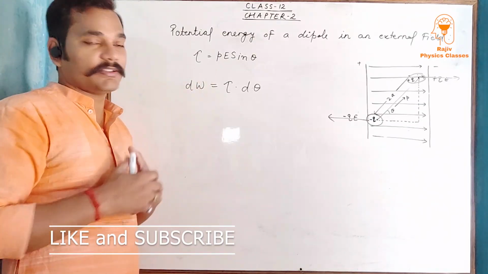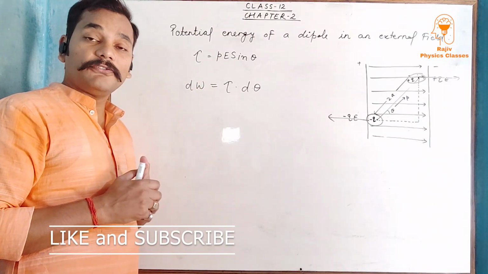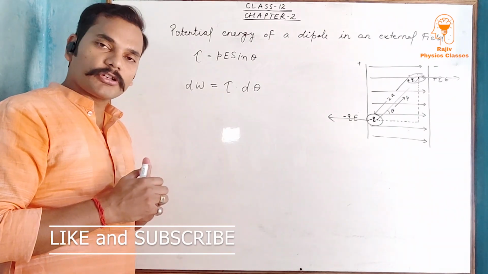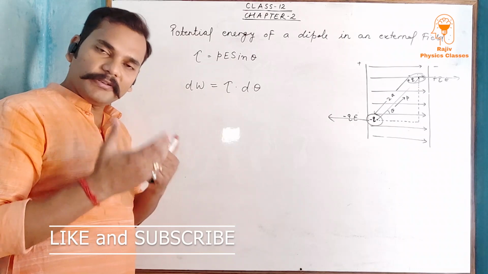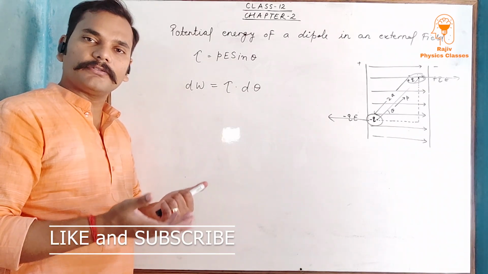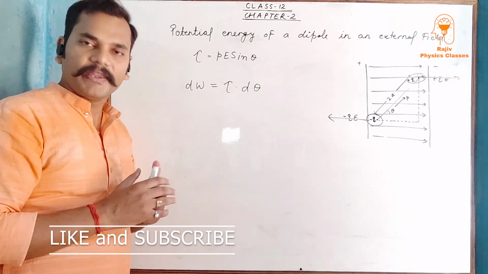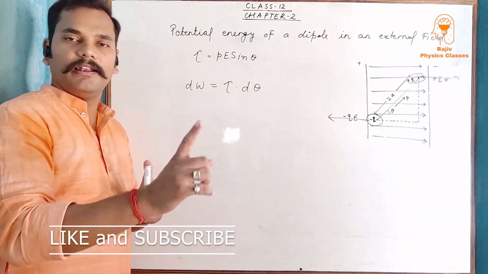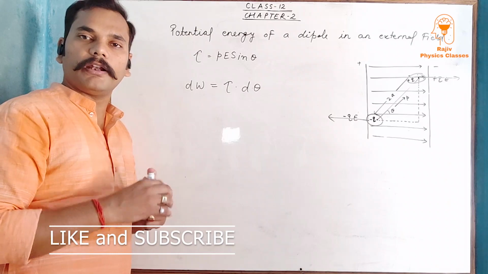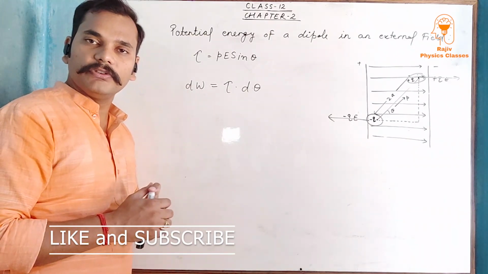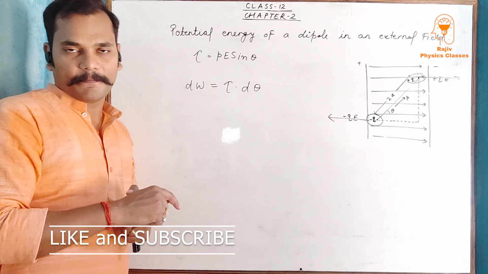But what is the situation here? The situation is rotational motion of the body. And in case of rotational motion, we calculate work done as tau into displacement, and here the displacement we get in terms of theta. If a body is rotating in a circle, then we calculate the displacement in terms of angle theta. That's why the formula of work done dW is equal to tau into d theta.